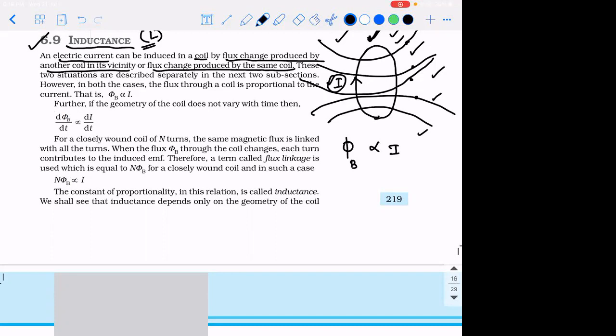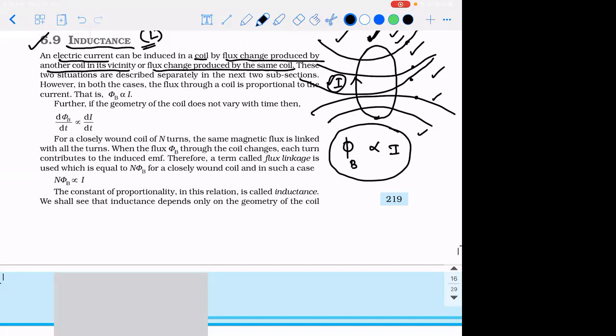If the magnetic field is increasing, isn't there a change in flux going to happen? Similarly, vice versa is also going to happen. If I decrease the value of current, B will decrease and flux will also decrease. So I can blindly conclude that the magnetic flux linked with this coil is directly proportional to the amount of current that I'm passing through this coil.